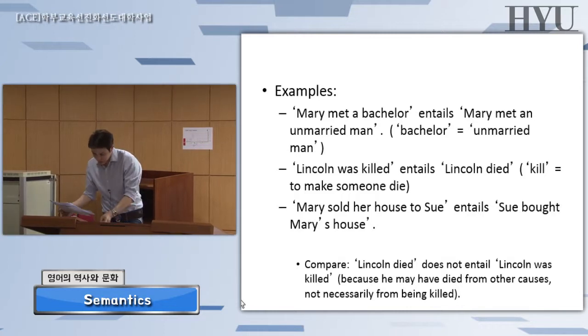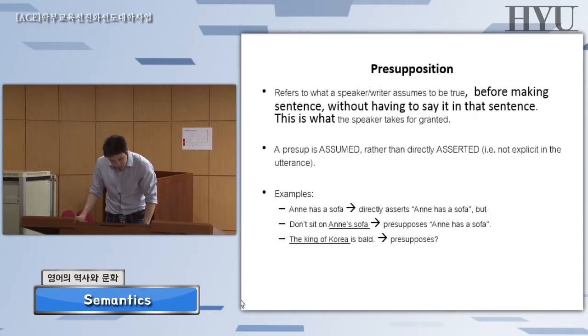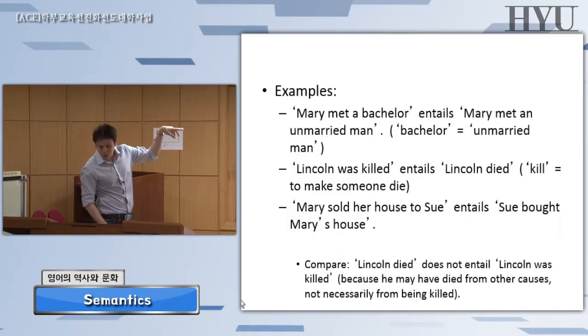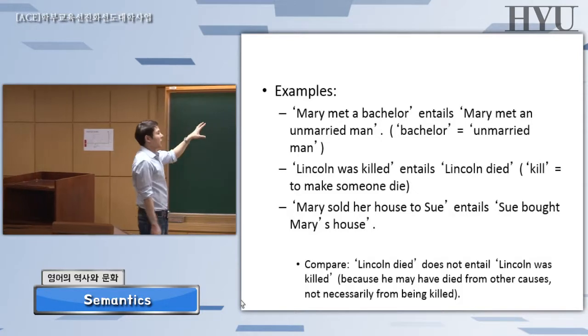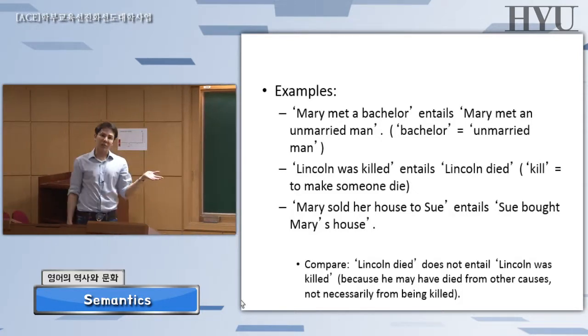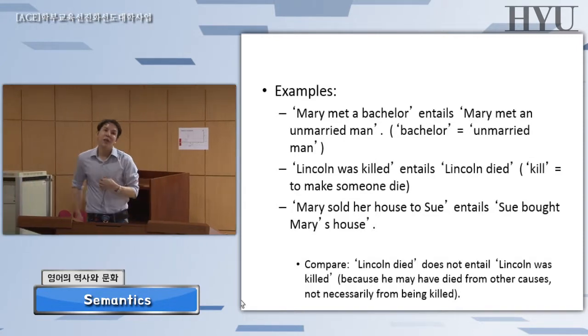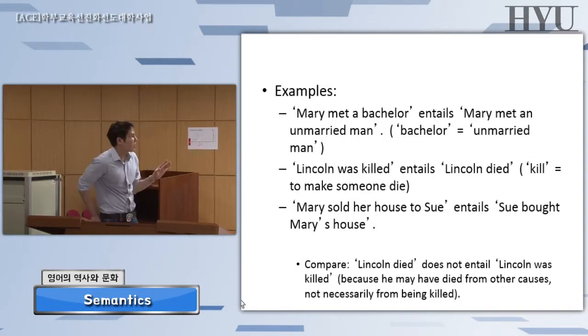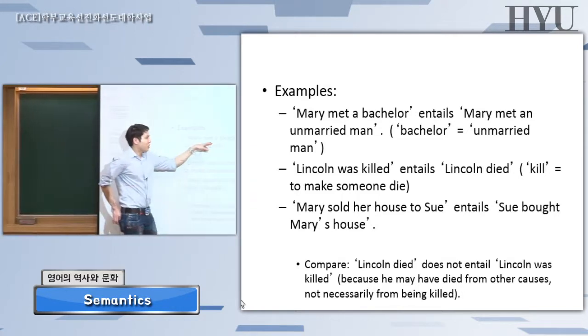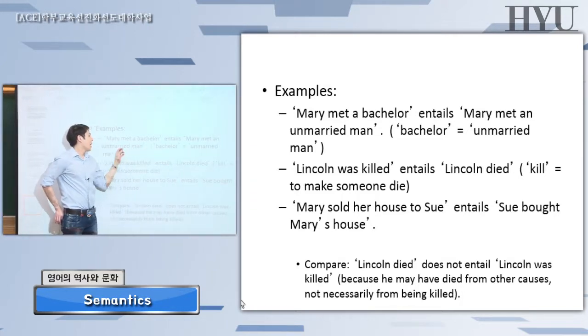What we'll do now is take a break, and we will come back and do some practice exercises on entailment, because it could be very confusing. It has to do with logic. You have to think, is there an exception? Mary met a bachelor. Does it entail Mary met an unmarried man?